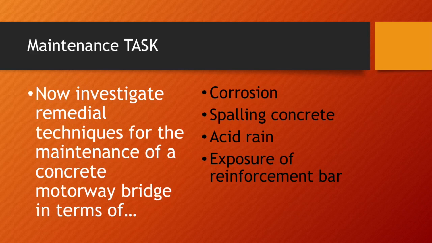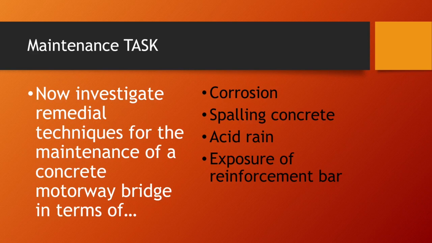So don't just look at the concrete in terms of corrosion, spalling, acid, exposure, reinforcement bar. Look at the techniques for maintenance of steel on a bridge. What about a timber bridge? What about brick viaducts and brick bridges? How many times a week do you pass under a railway bridge that's built of brick? And what about the dilapidation of that brickwork? It goes on all the materials.